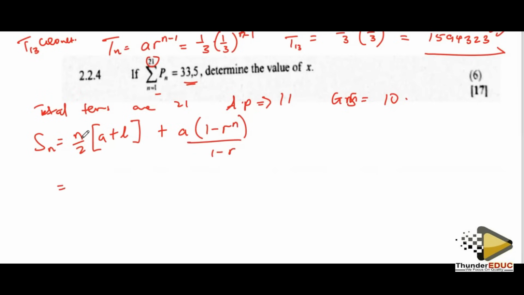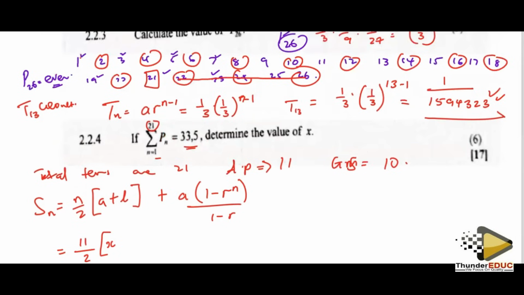So for my arithmetic, we said we have 11 terms, so that's 11 over 2 into my first term was x. Okay. And then since 21 is going to be my last term for the arithmetic, this is going to be term number what? We say 11. Okay, which is 11x.